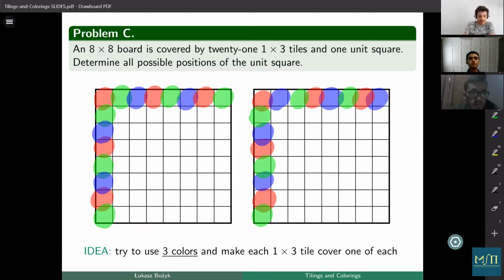But there is a nice observation to be made, for example, here. If you have a look at this cell, and you want this property that every potential 1 by 3 covers exactly 1 cell of each color, then you will see that this one has already a blue cell, this one has already a green one, so there is no other option. We should have red here.